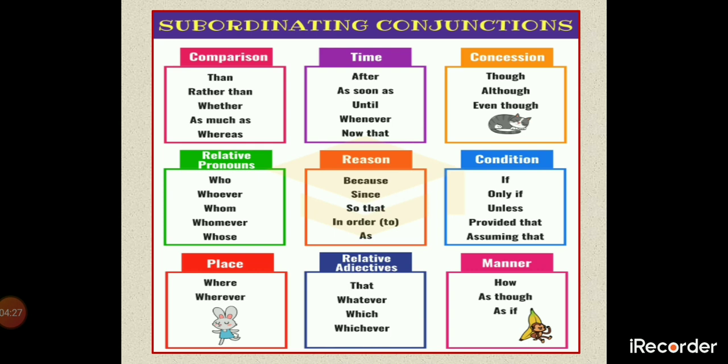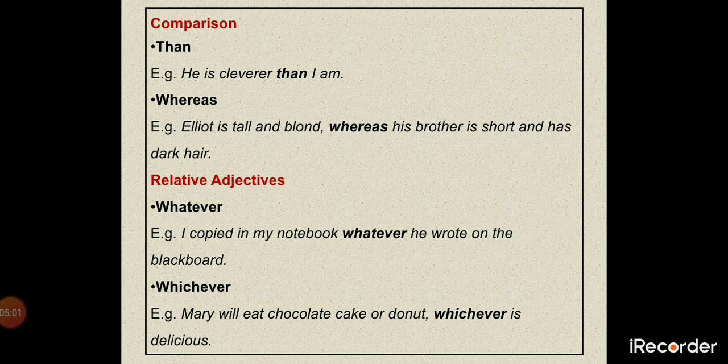There are so many subordinating conjunctions that perform specific functions, as some are used to indicate time, some are used to indicate place, and some are used for reason. Some are used as relative pronouns and some are used as relative adjectives. Comparison, time, concession, relative pronouns, reason, condition, place, relative adjectives, manner. These are some uses of the subordinating conjunctions.